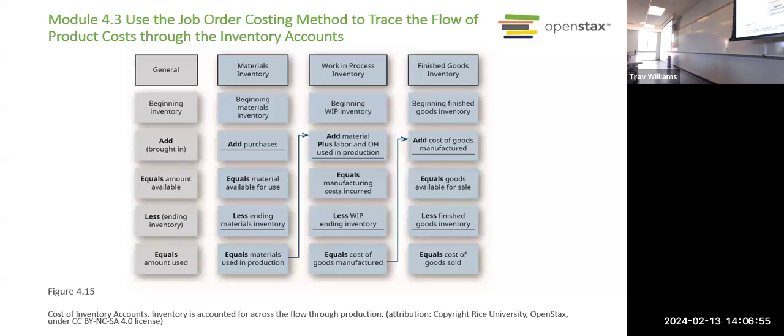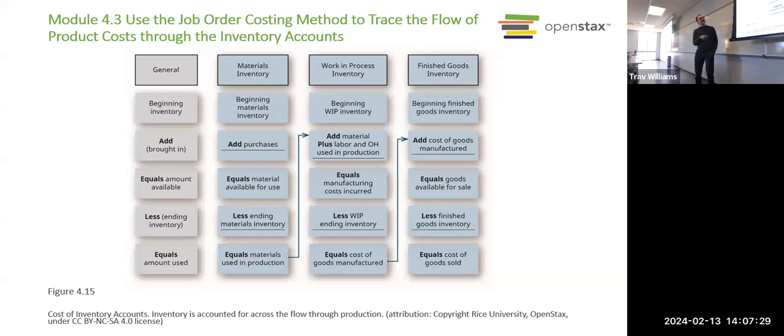You're going to see this type of formula a lot, where you start with your beginning inventory, and this applies at all three phases of inventory. You see materials, work in process, and finished goods. They basically all follow the exact same formula. The general formula is you start with your beginning inventory, you add something to that, you subtract your ending inventory, and then that gives you your answer.